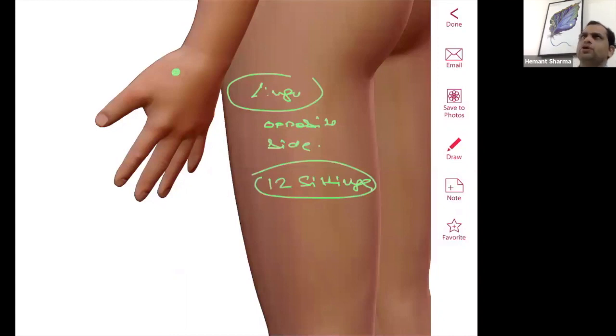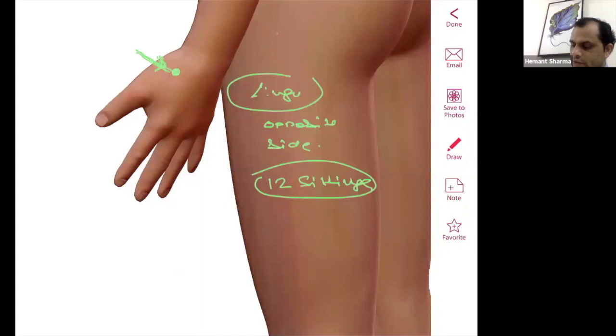So I thought, I will put only one point, the Lingu point, because it will bring some good effect and she will be happy. I inserted only one needle in the Lingu. Then she went home and told me, doctor, I am not feeling any pain which I was feeling earlier.